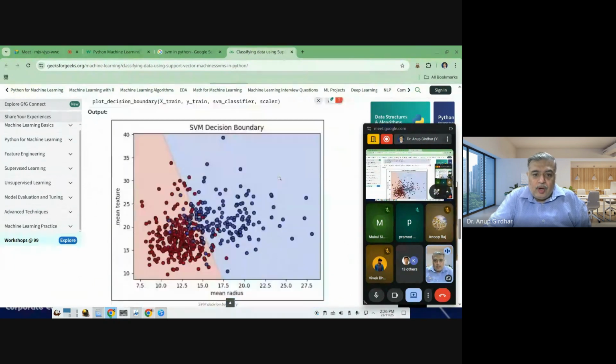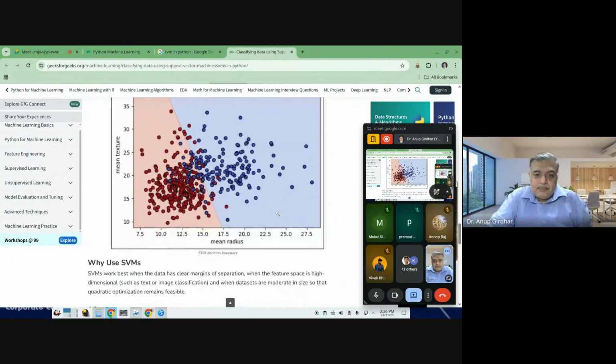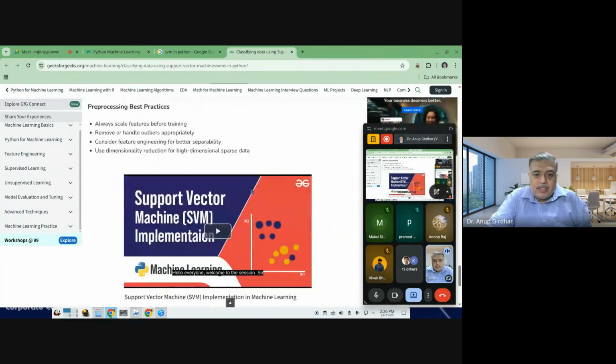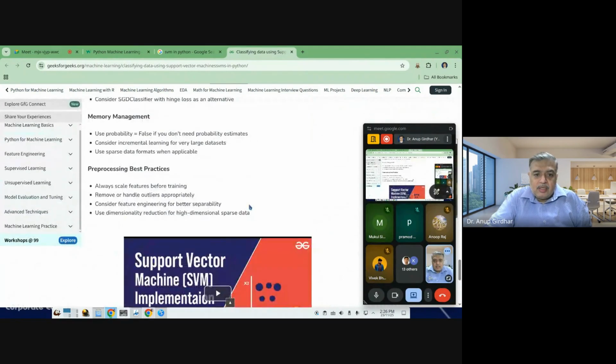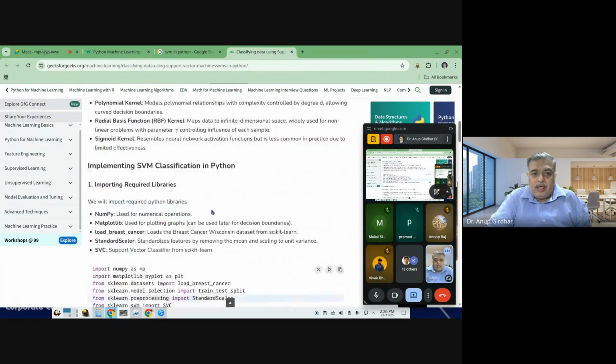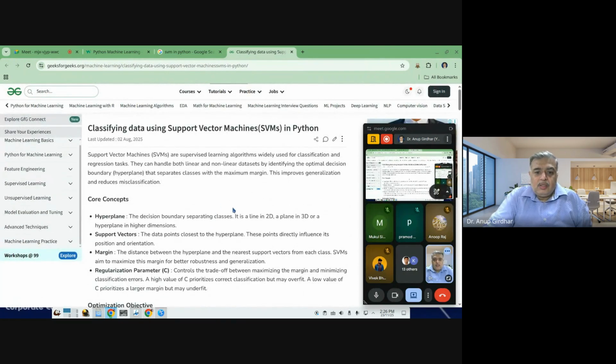The moment you plot, you will find those points which are very near to it and which belong to which particular category. This way you will find more data sets, right? So the purpose details, so the support vector machine SVM part is there, and I think you can run this algorithm, right?